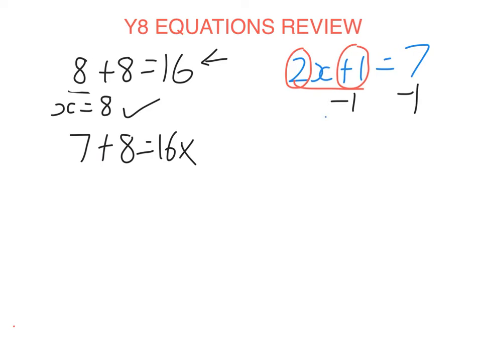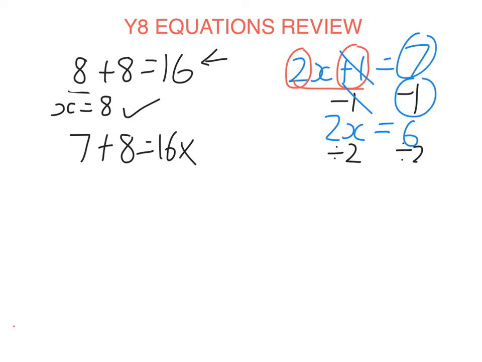Then I'm left with 2x, because plus 1 and minus 1 cancel each other out, equals 7 minus 1, which is 6. 2x means 2 times x, so to undo timesing by 2, I'm now going to divide by 2. But if I divide this side of the equation by 2, I must divide the other side by 2. Whatever you do to one side of the equation, you must do to the other side. And the solution here is x equals 3.